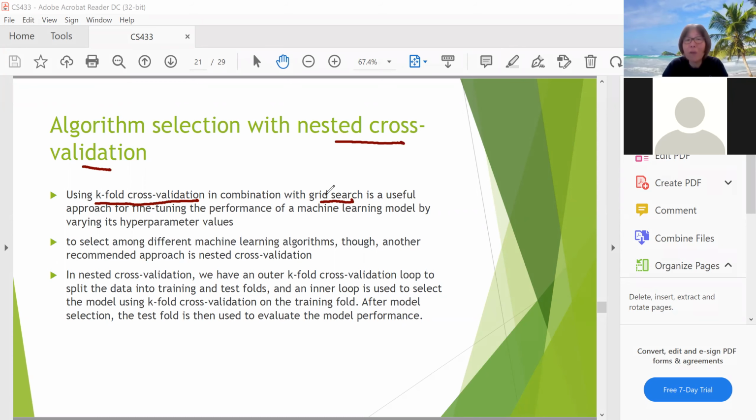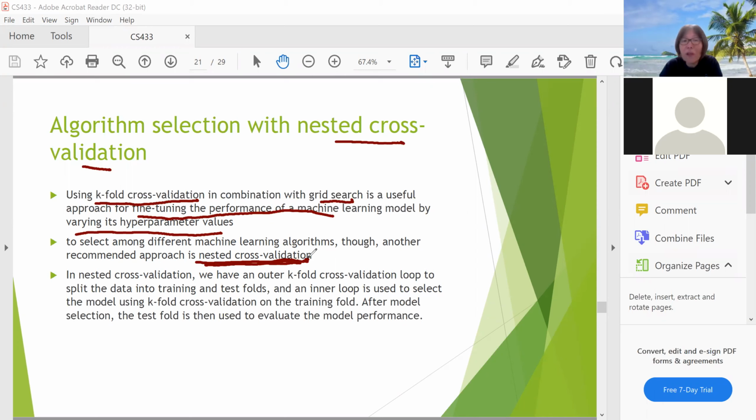If we combine both, it's a useful approach for fine-tuning the performance of a machine learning model, because we can verify hyperparameter values. And then it says, to select among different machine learning algorithms, another recommended approach is to also consider nested cross-validation.